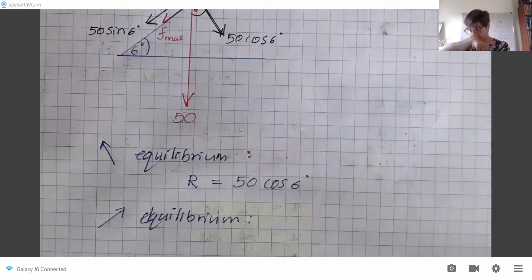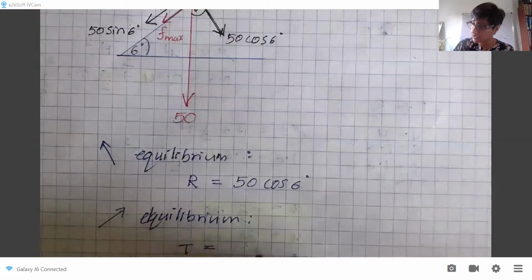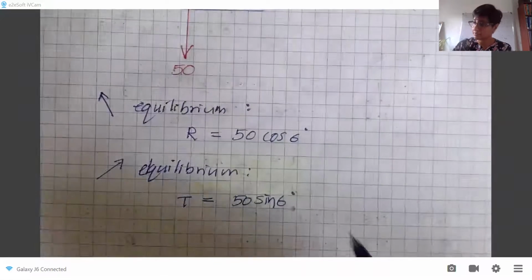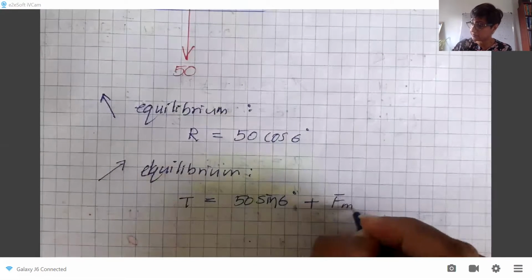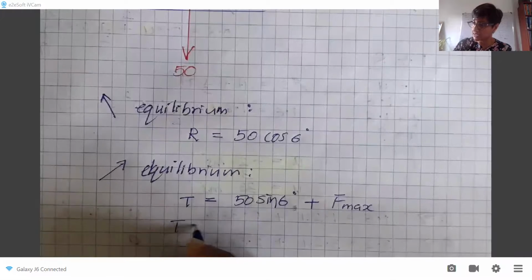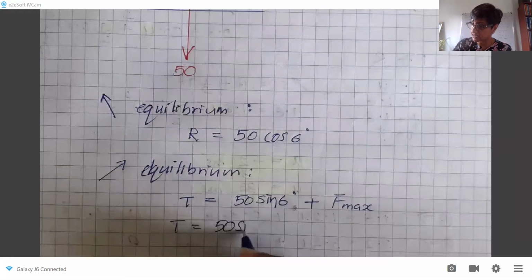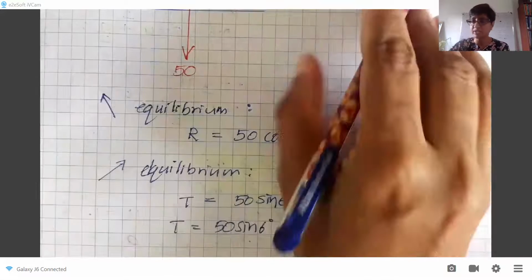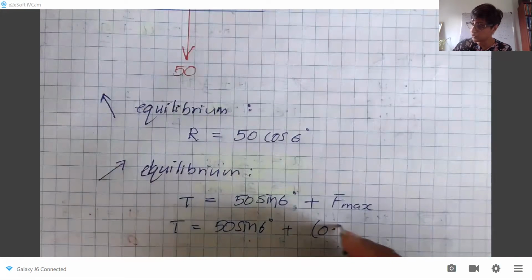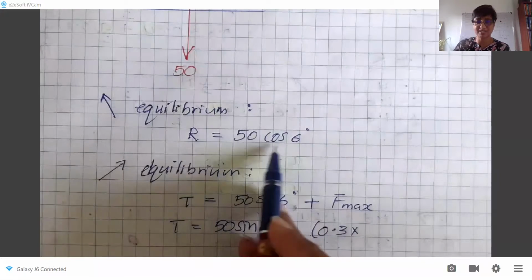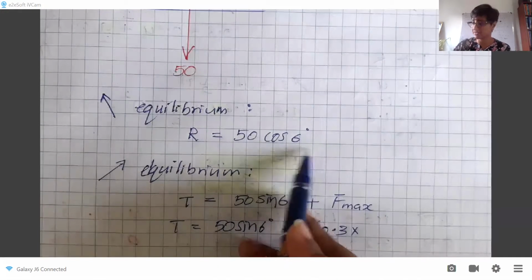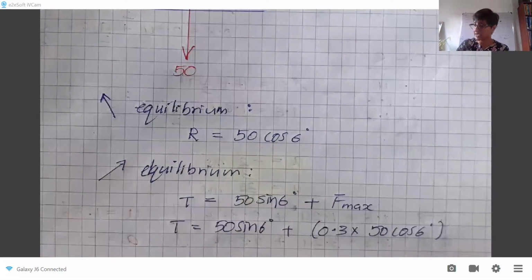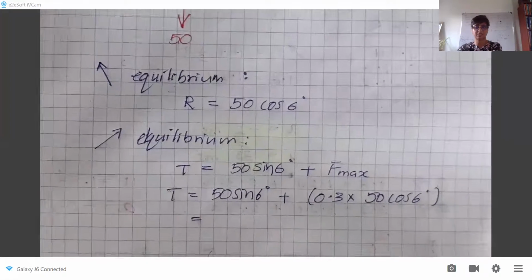So T is equal to 50 sin 6 plus F max. Still, I'm not working it out. F max is mu R, mu is 0.3, and R is 50 cos 6. Now I can simplify everything and find T. Tell me what you get for T.